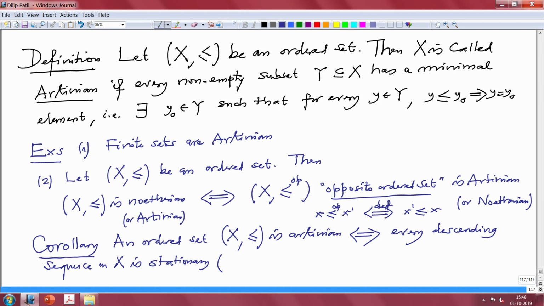And I will also abbreviate this as DCC, descending chain condition.